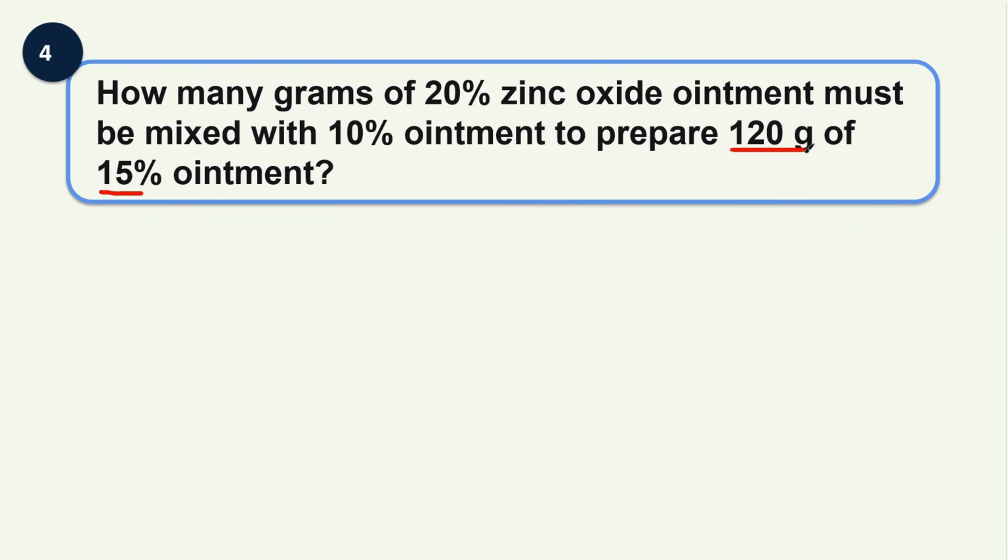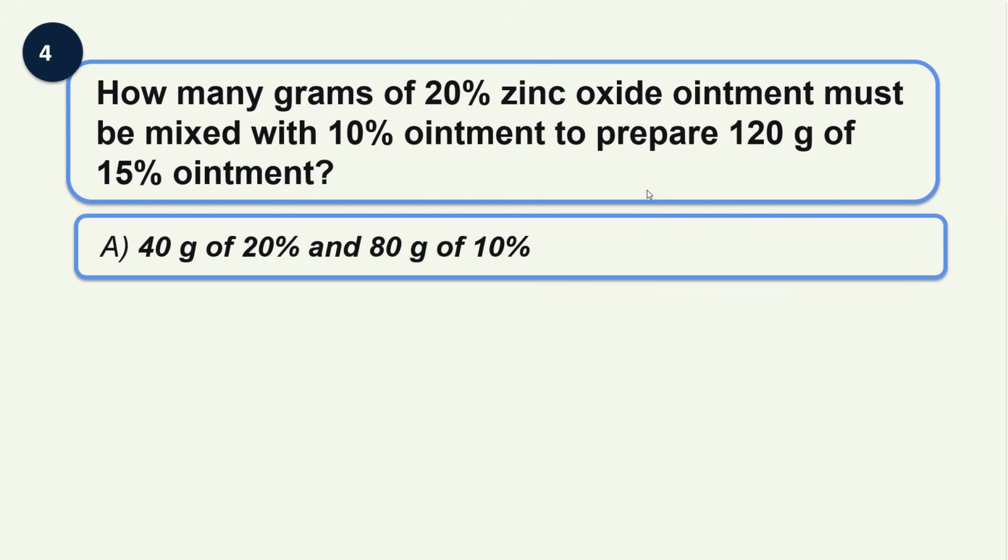But your pharmacy has 20% zinc oxide and 10% zinc oxide, but your pharmacy doesn't have 15%. So how do you prepare that 15% using these two concentrations? One is a 10% concentration, the other one is 20%.